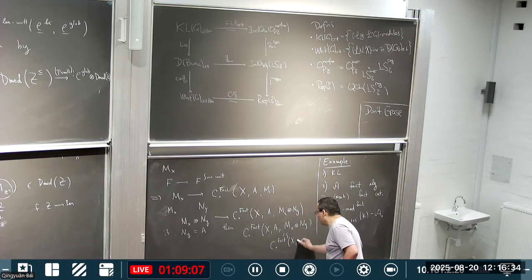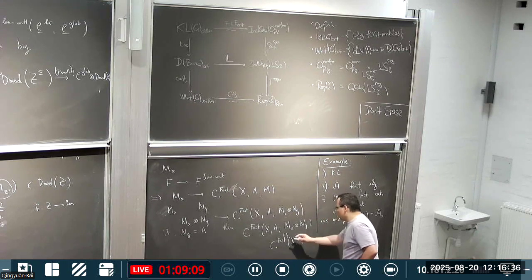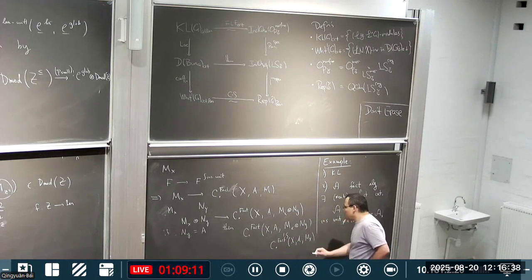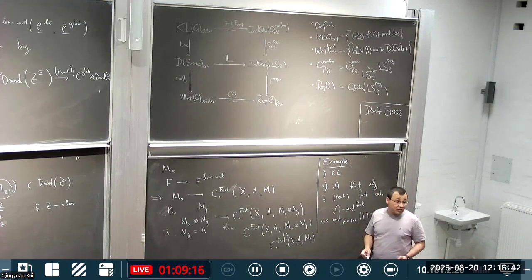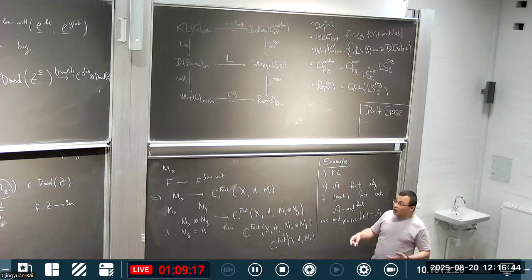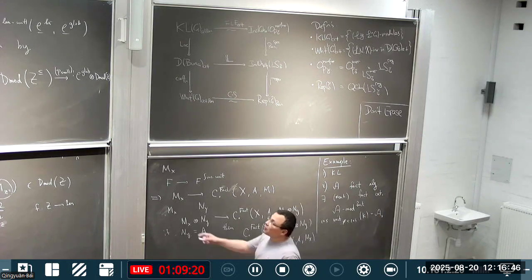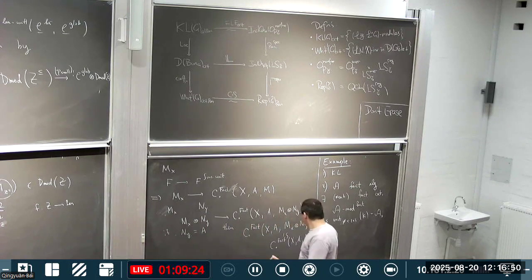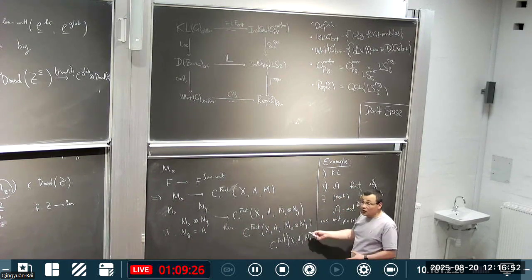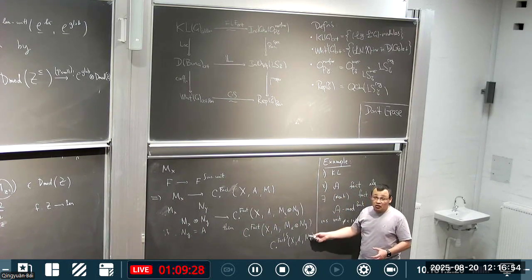Putting in the vacuum representation, putting in this unit representation at some point, doesn't change what the factorization homology is. This is part of what it means for this thing to be a unital functor. Anyway, this is what Sam was saying, and indeed this is one of the key features.